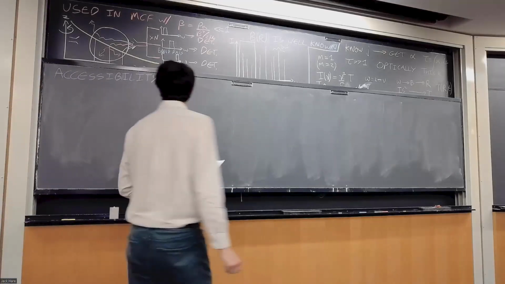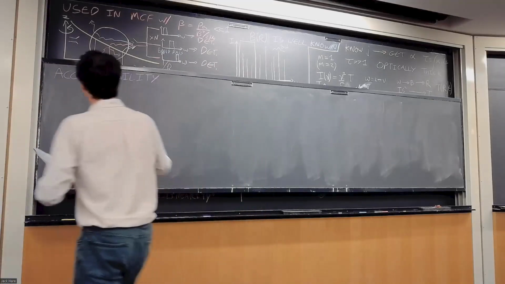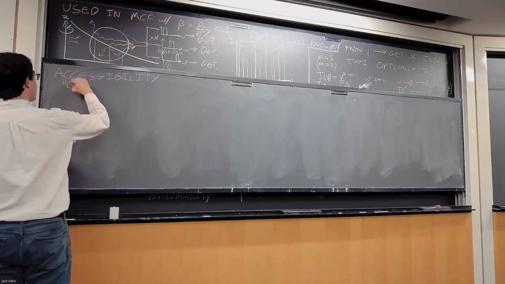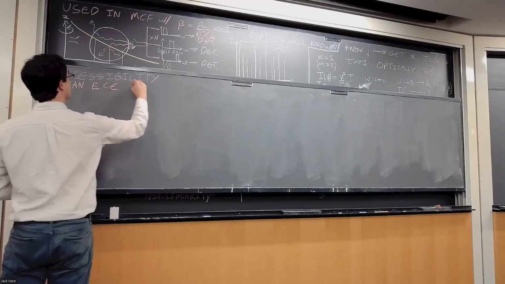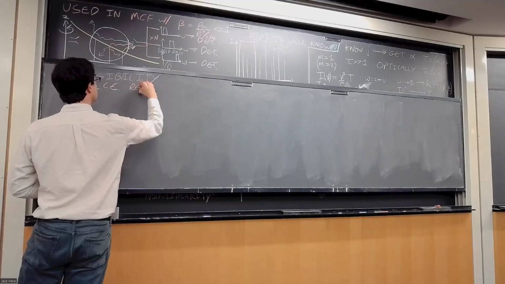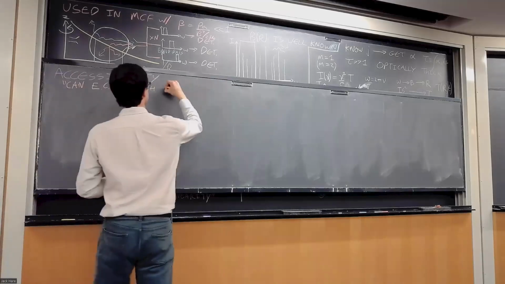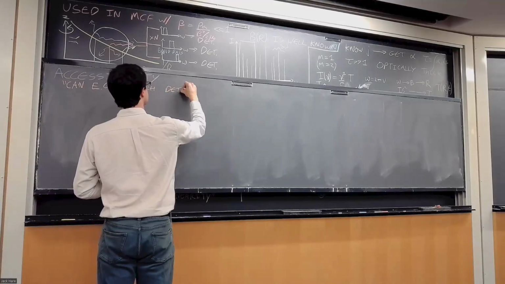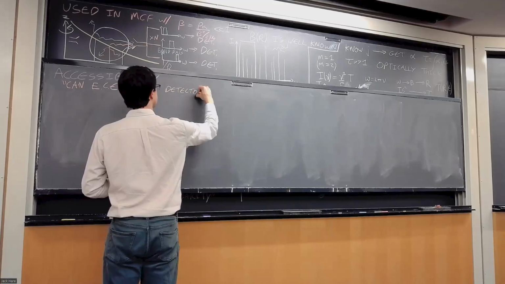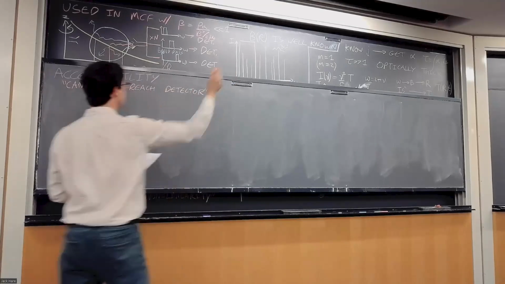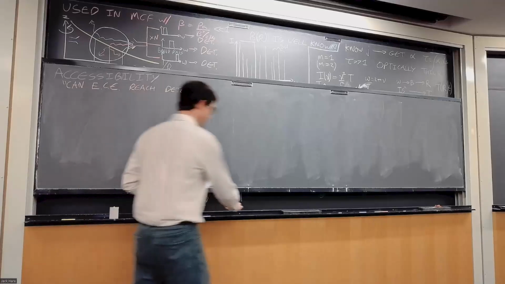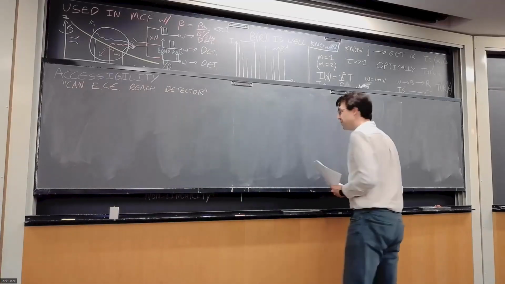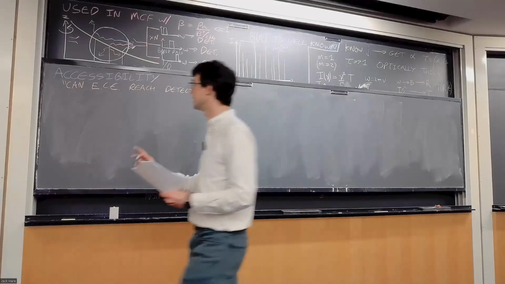Okay. So the question of accessibility can be phrased as: can the electron cyclotron emission reach the detector? If it can't, we can't detect it, so all of this beautiful technique is useless. Now, in general, when we're doing something with an MCF device, we're going to be measuring perpendicular to the magnetic field.